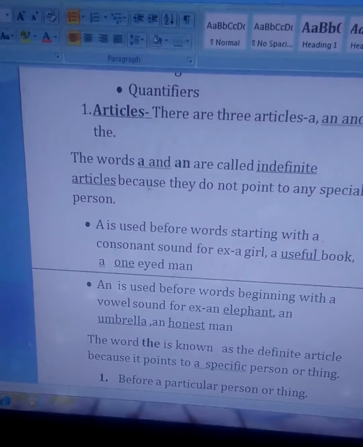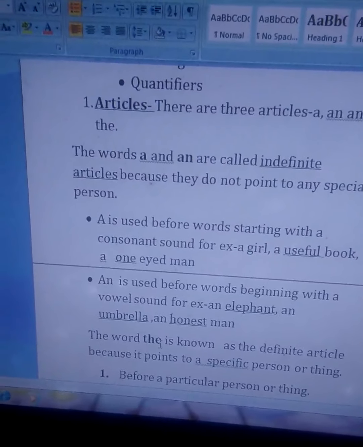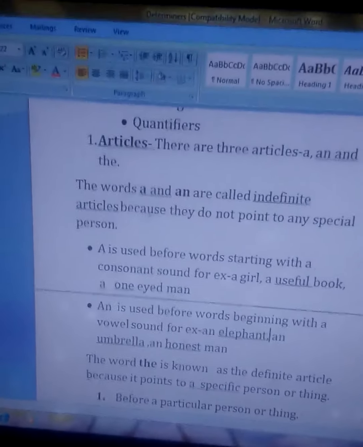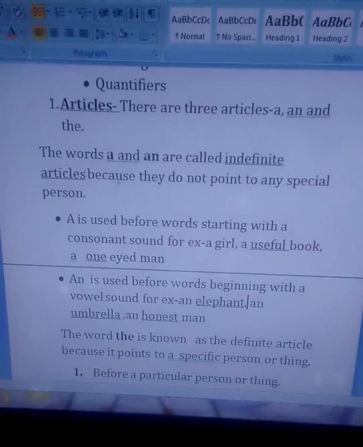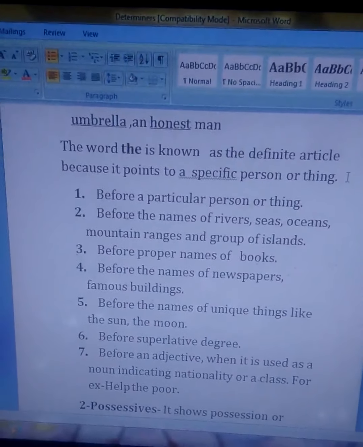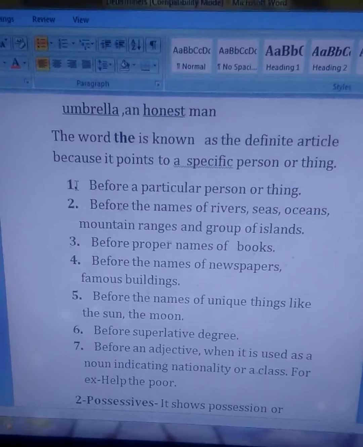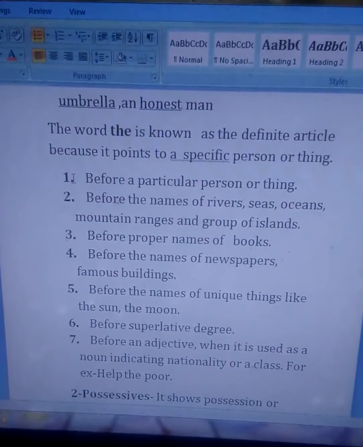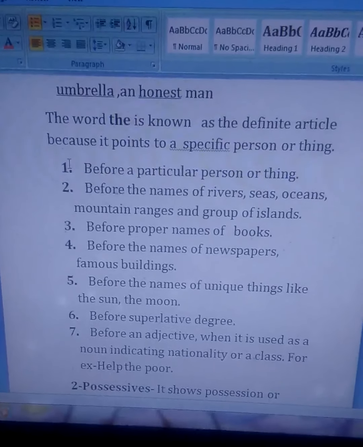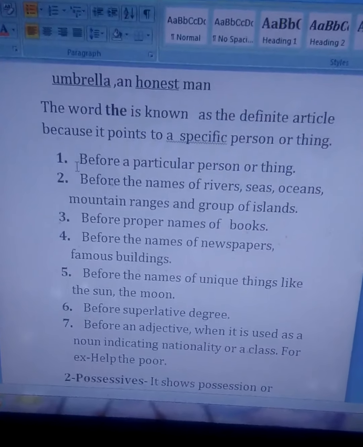Now the next is the word the. It is known as the definite article because it points to a specific person or a thing. It means it is used where we are talking about a particular person or thing.